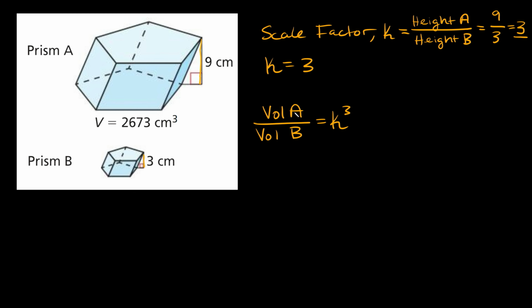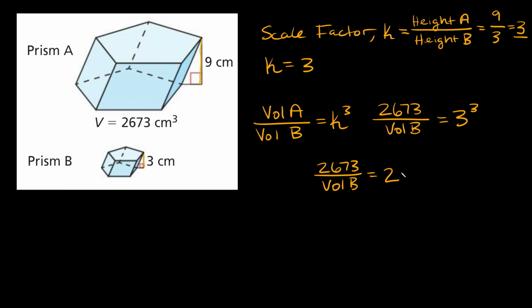We know the volume of prism A is given as 2,673. That's going to be over the volume of B, which we don't know. That's what we're looking for here. And again, that's going to be equal to k cubed. And again, k is equal to 3. So this is going to be equal to 3 cubed. Okay, so simplifying this formula one more time, we're going to have 2,673 over the volume of prism B is equal to 3 cubed, which is 27.